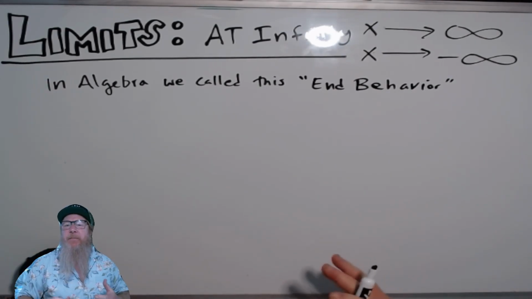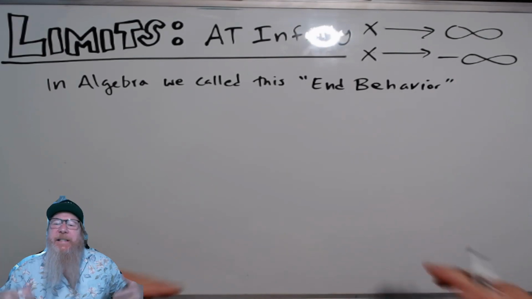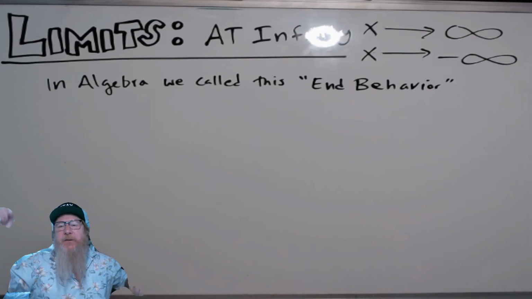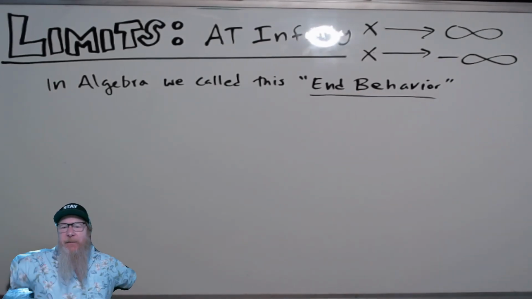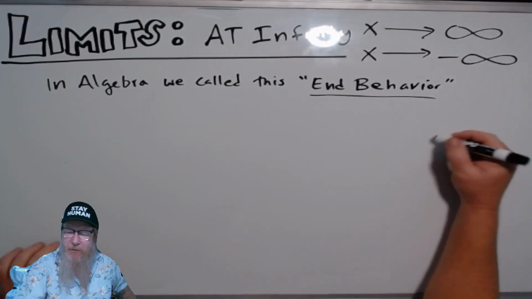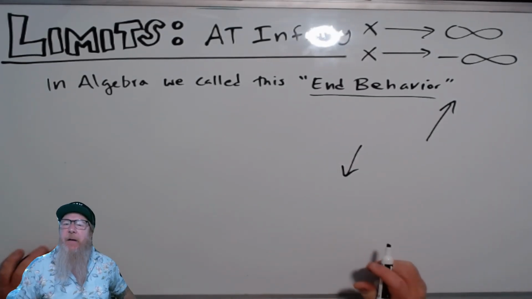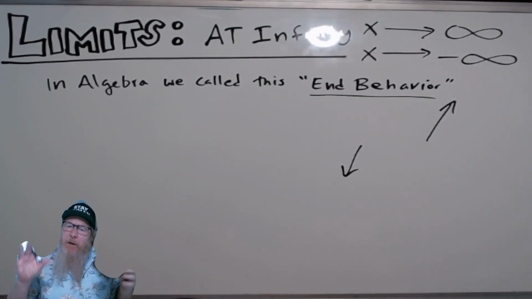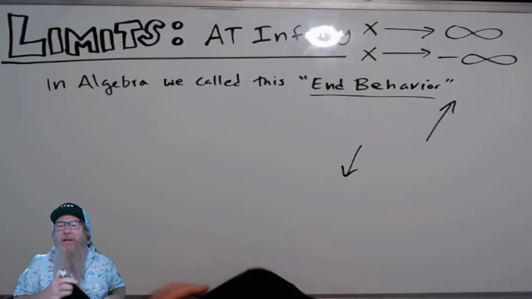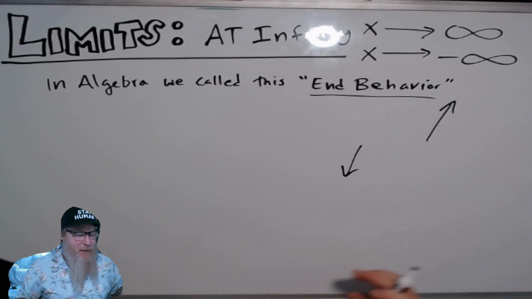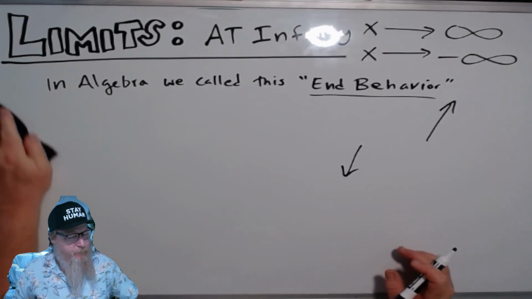We could calculate, or predict, I guess is a better word for it, what direction the graph would be going at the end, the two arrowheads, sort of like one arrow points up and another arrow points down. We call that the end behavior. We're going to be more calculus-y, that's a word, in this lecture about it. So let's just get right into it with some limits at infinity.